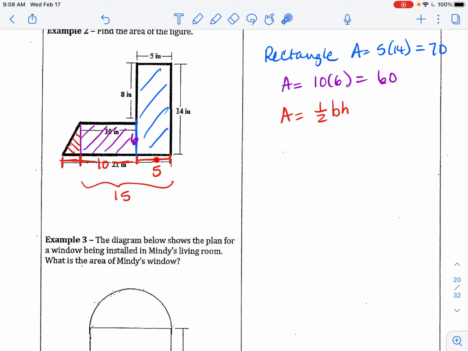Well, 21 minus 15 should be 6, because 6 plus 15 is 21. So I have the base of my triangle. The height of my triangle is the same as this guy here, so this is also 6 units. So 1/2 times 6 times 6, half of 36 is 18. If I add these three figures up, 70 plus 60 plus 18, that gives me 148 inches squared.